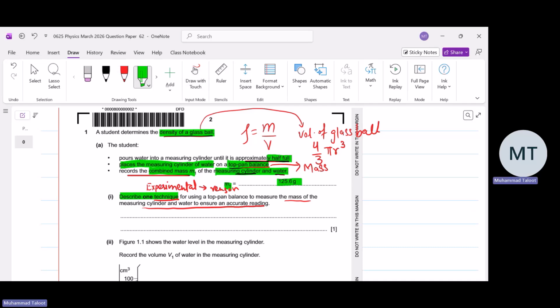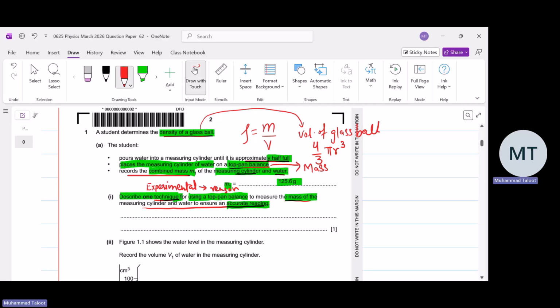So for accurate reading, what technique must be followed so that your reading of mass comes out accurate. So you are interested to find the exact, or you can say better reading of mass using top pan balance.